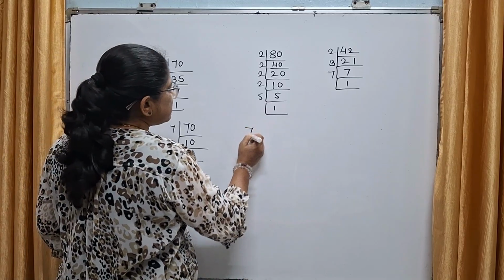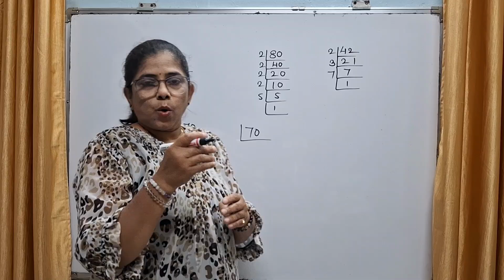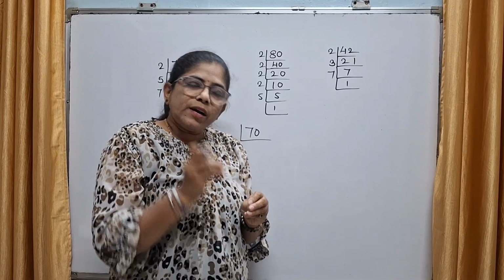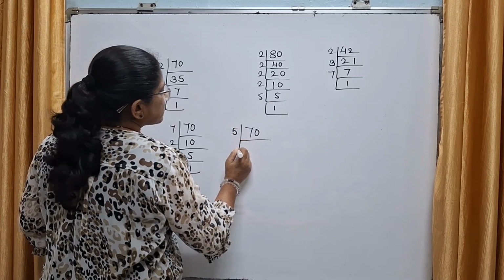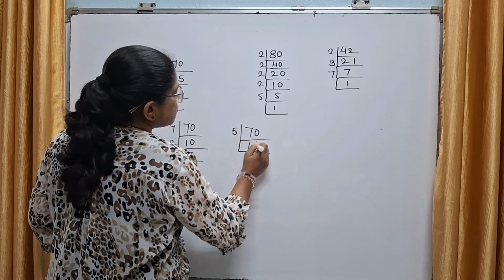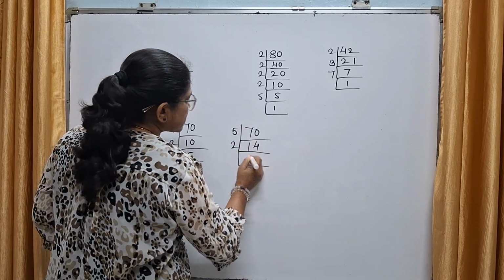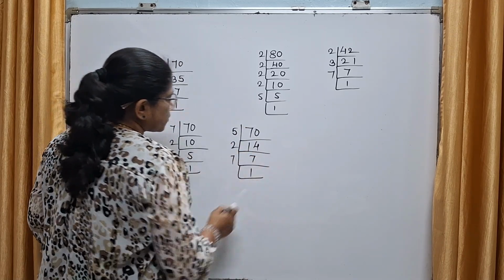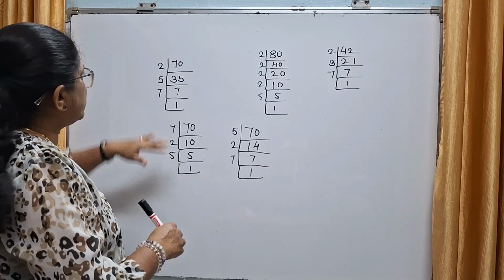Now this same 70, if the number is ending with 0 or 5, 5 is definitely going to be one factor. So here we can also start with 5. 5 fourteens are 70, 14 we can factor as 2 times 7. You can take here 2 or 7. So here we factorized 70 in a different way.